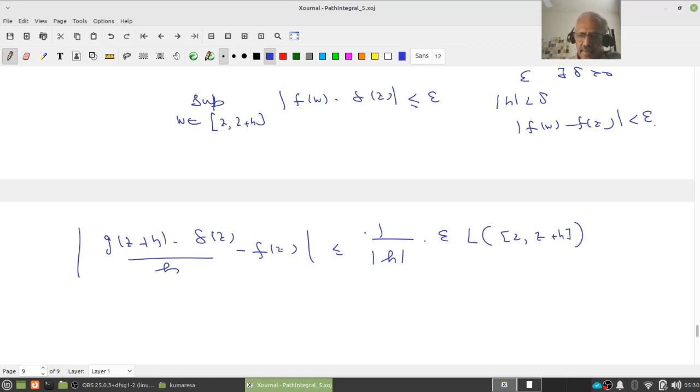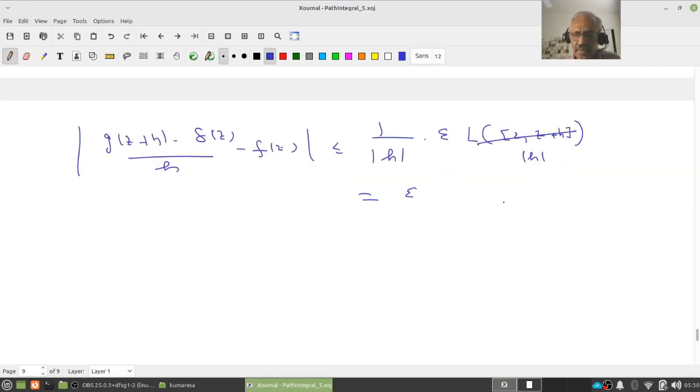But we had already seen that for a line segment, the length is the distance between the endpoints, therefore it's mod h. So mod h and mod h get cancelled, therefore it's equal to epsilon, whenever 0 is less than mod h less than delta. So this proves g dash of z is f of z.